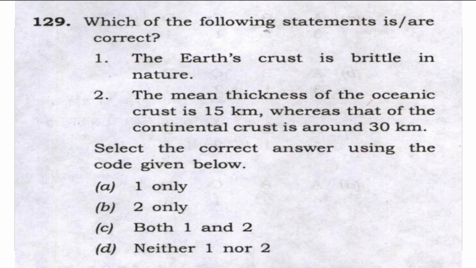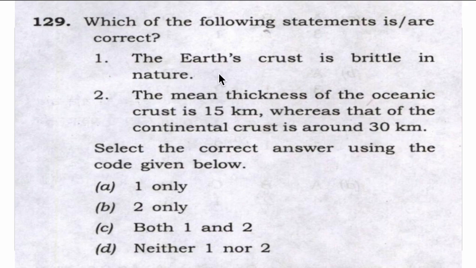Now coming to the 14th question, which one of the following statements is correct? The first statement is the earth's crust is brittle in nature. Brittle means breakable. The second statement is the mean thickness of the oceanic crust is 15 kilometers, whereas that of continental crust is around 30 kilometers.